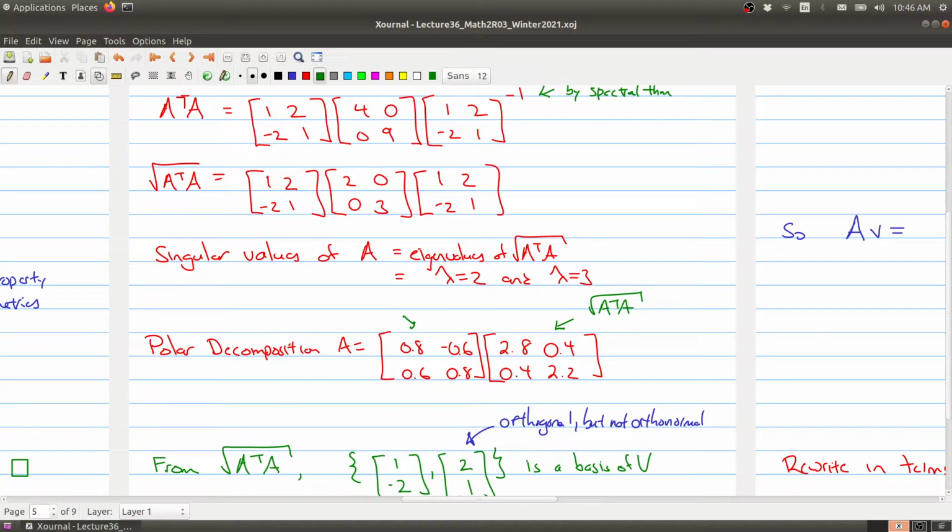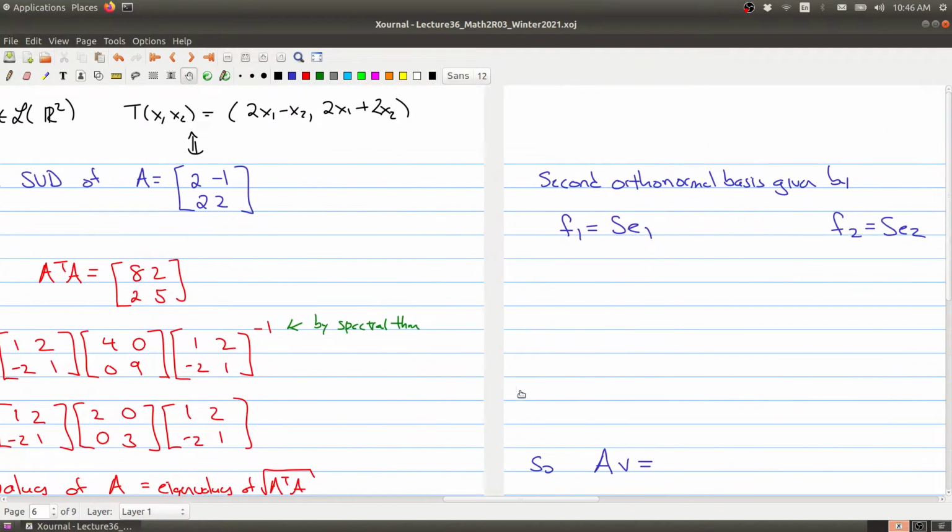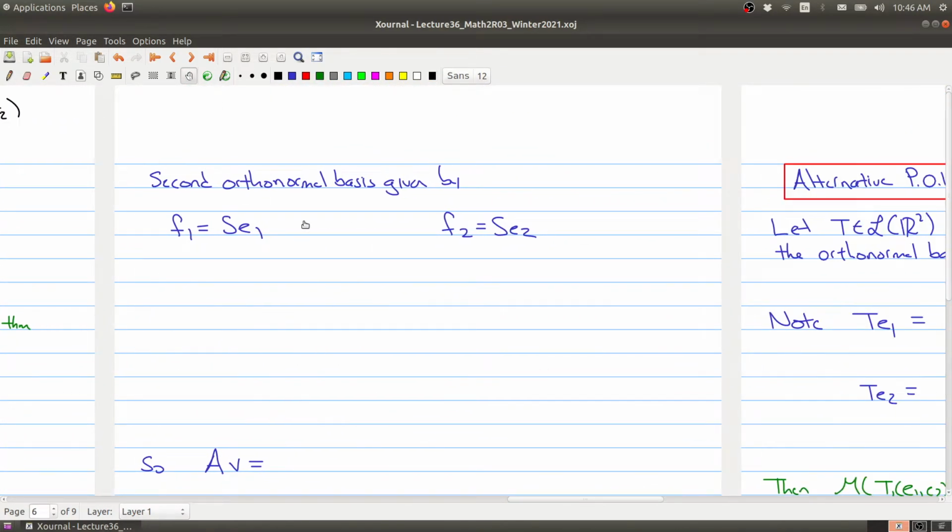Because this is the matrix S from the isometry. So let's put the pieces together. Our second orthonormal basis is given by S times E1 and S times E2. Let me write out that information for you, so it's in your notes.